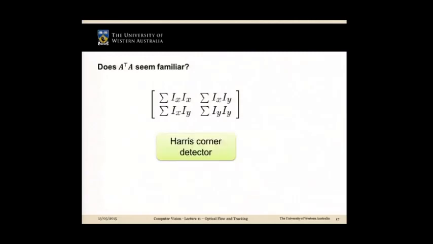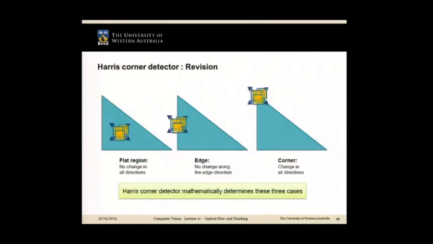Harris corner detector, right? So last time we discussed this equation in our feature detection and extraction lecture, right? So just a quick revision of the Harris corner detector before we proceed with that matrix. So the Harris corner detector mathematically determines these three cases.